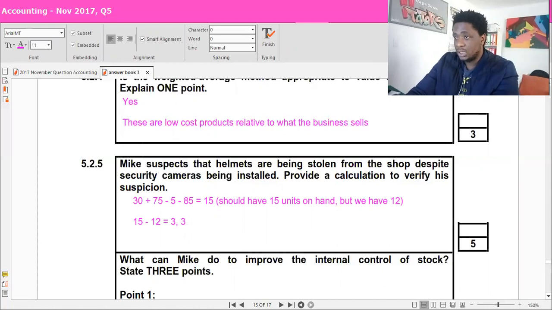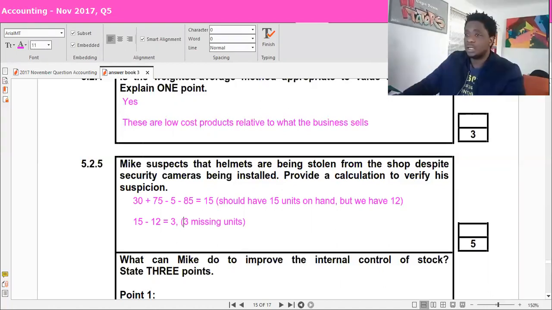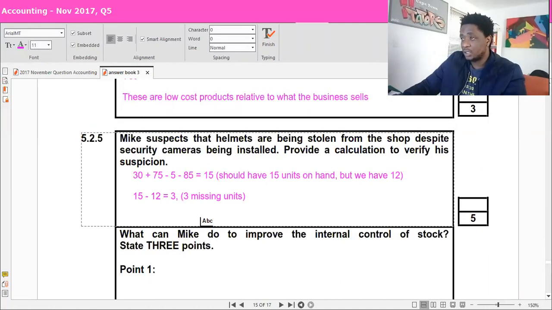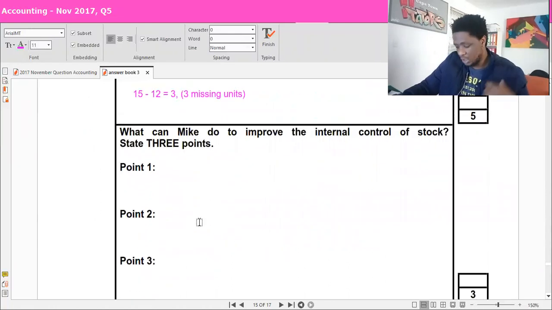And therefore, there's 3 missing units from the stock. And then what can Mike do to improve the internal control of stock? And they want 3 points.